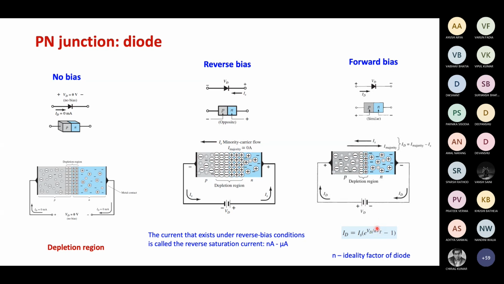VT is 26 millivolt at room temperature. If N is 1 and VD is 0.7, it means 700 millivolt, so the factor will be 700 by 26. This becomes an extremely large factor, and the exponential becomes huge. So even at 0.6 or 0.7 volts, this current becomes extremely large.